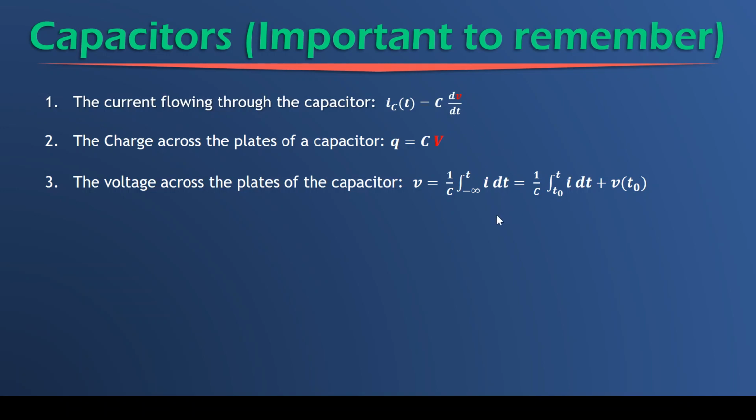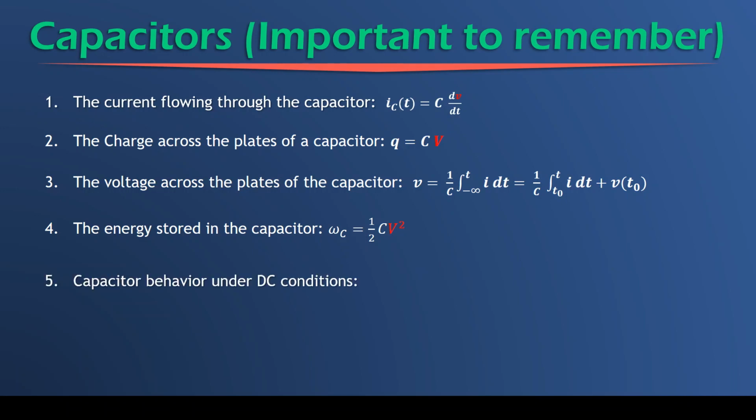So we integrate both sides. And what we then find is that the voltage is going to be given by 1 over C, integral from t0 to t, of i dt, plus the voltage at time t equals 0, which is your constant of integration. Number 4, the energy stored in the capacitor, w_C is equal to a half C V squared. Again, the dependence on voltage.